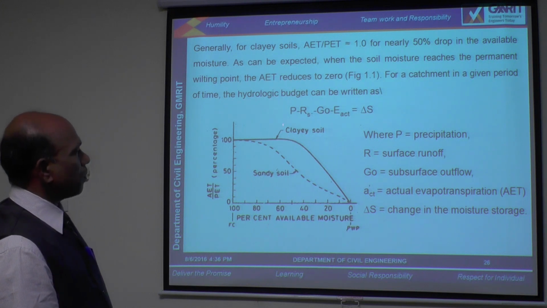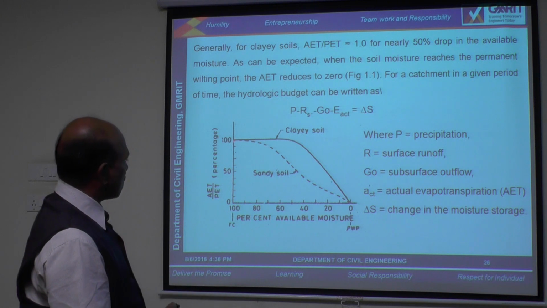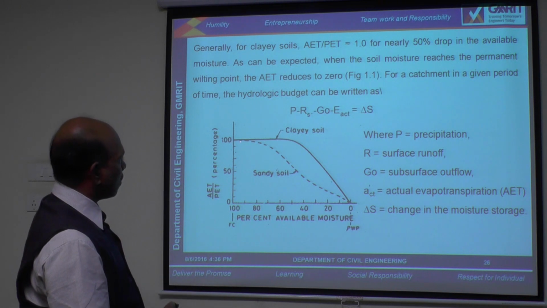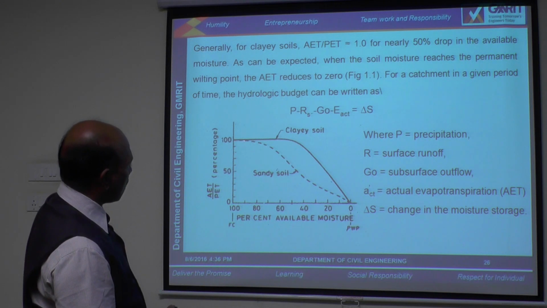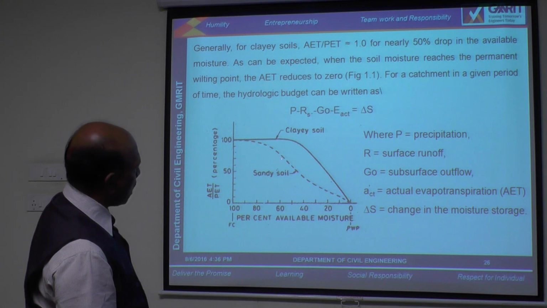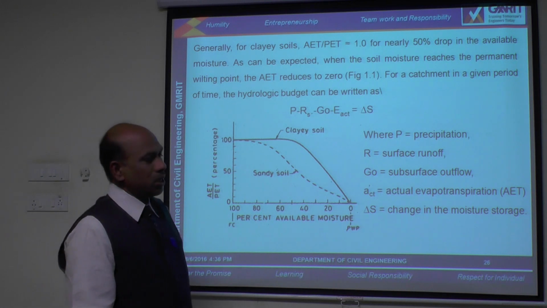That is in case of clayey soils. Whereas in case of sandy soils, from 100% moisture content it gradually reduces to 80, 60, 40, 20. But here, starting onwards, once the moisture content decreases, the AET by PET ratio also decreases. This is the difference between sandy soil and clayey soils.